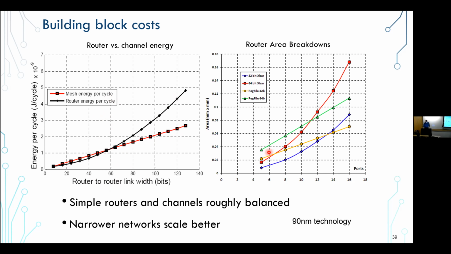Now, if you look at what's happening inside the router, this is, for example, router area breakdowns. The blue and the red are the crossbars. So 32-bit versus 64. Okay, you have doubling. So it's linear in the number of bits you're traversing, but it's going to be quadratic in terms of the ports, right? So what we're showing here is the number of ports, right? Because you have a two-dimensional switching thing that happens inside the router itself.